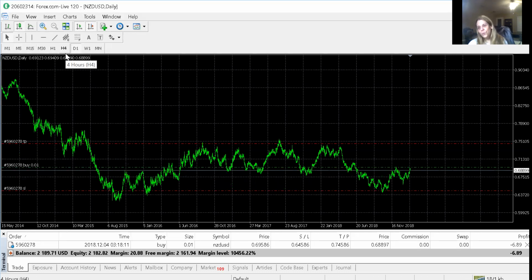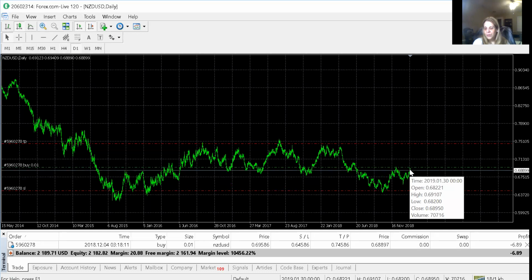Now, when you look for your trend or the trade that you're doing, a good indication of what the trade will be doing is found by putting your cursor where it's currently at, which is 0.68897. Right there. Then you trade right, but you look left.